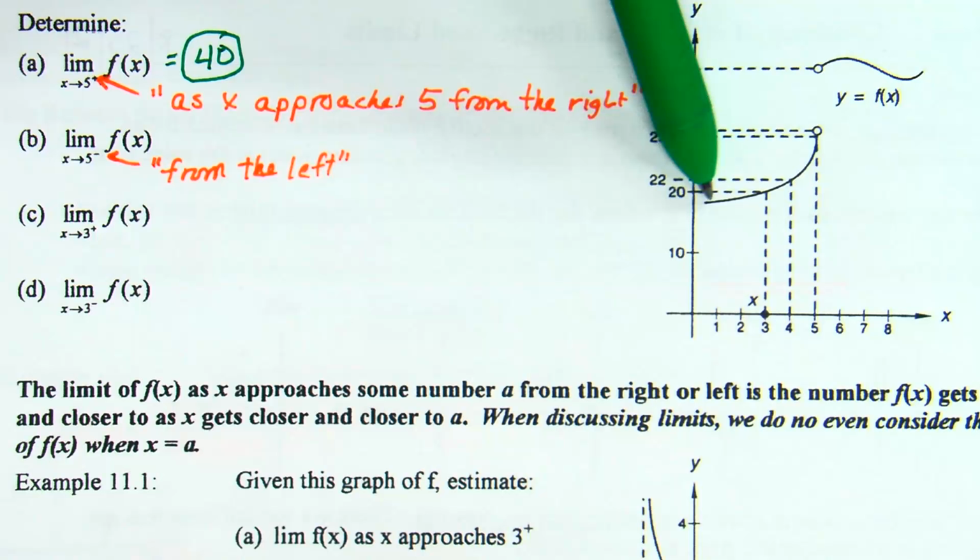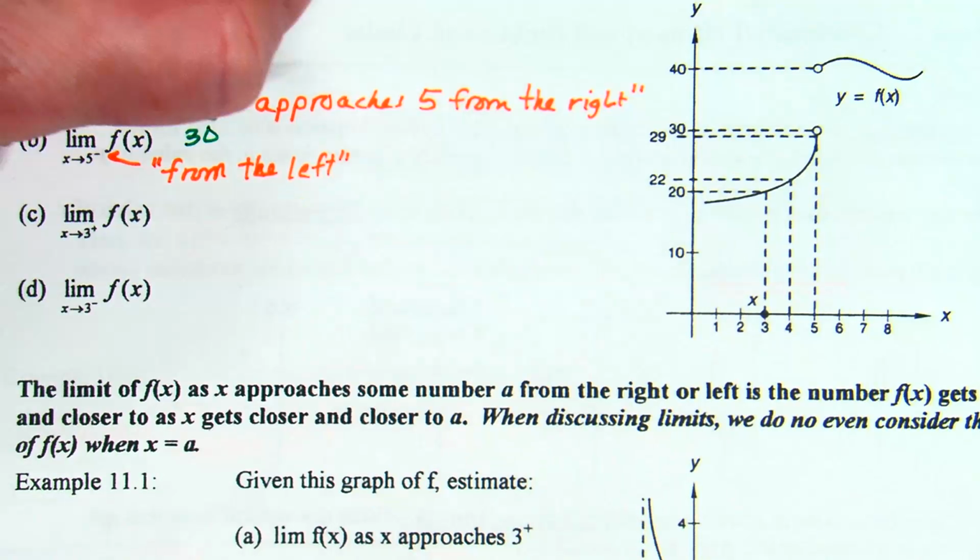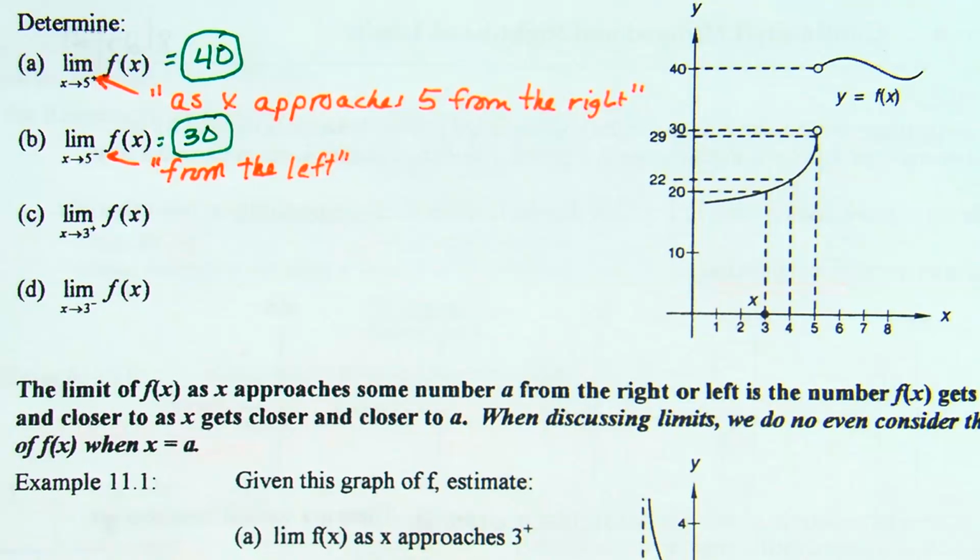So 1, 2, 3, 4, 4.5, 4 3/4, 4.9, 4.99. What y value am I getting closer to? What? 30. Okay. Again, it doesn't matter that 5 doesn't exist. It's as we come from the left, what y value are we approaching? And we are approaching that exact point, which is 30.